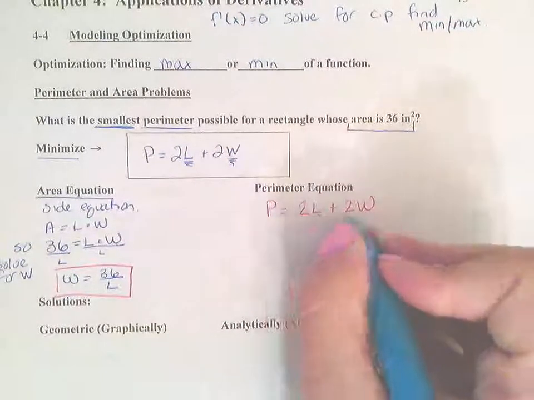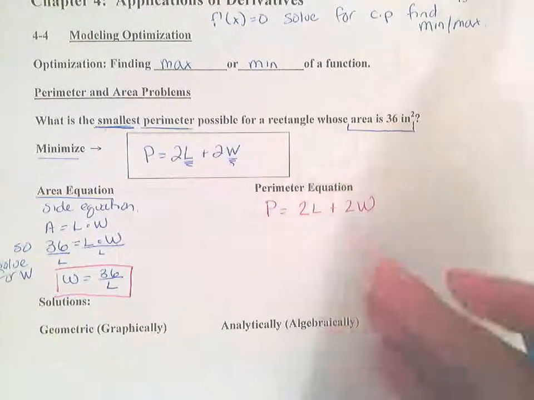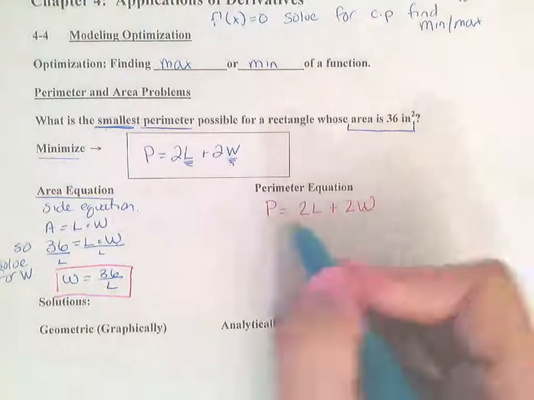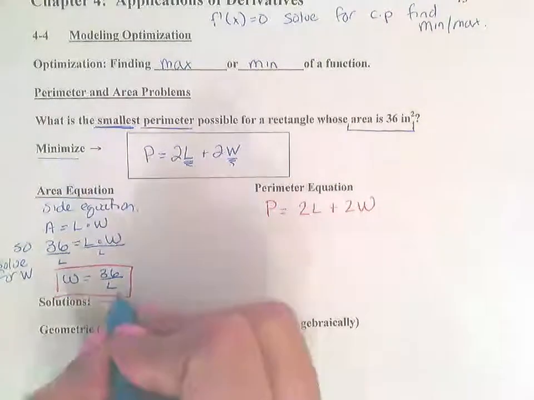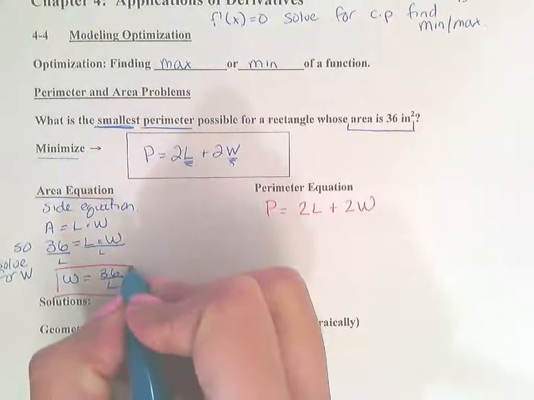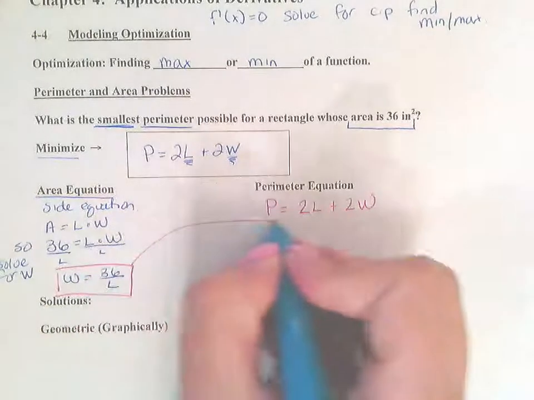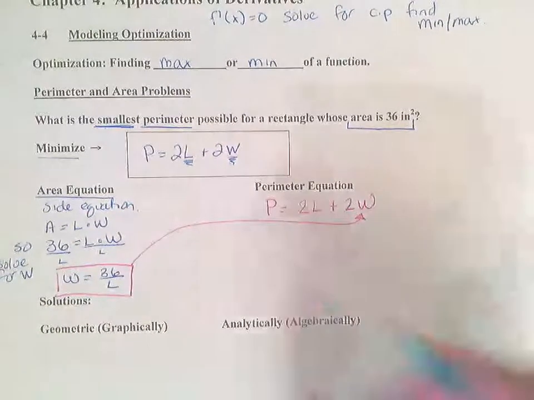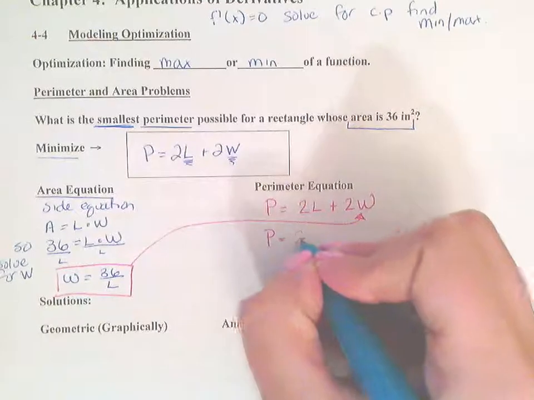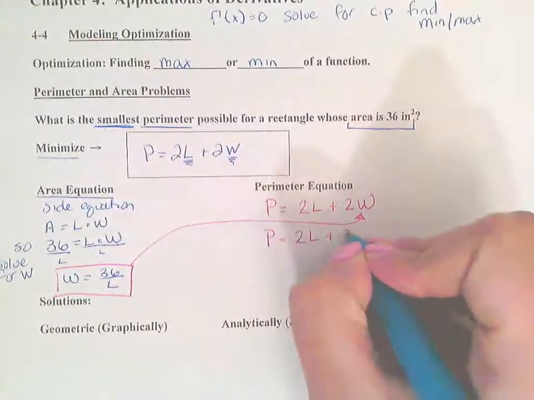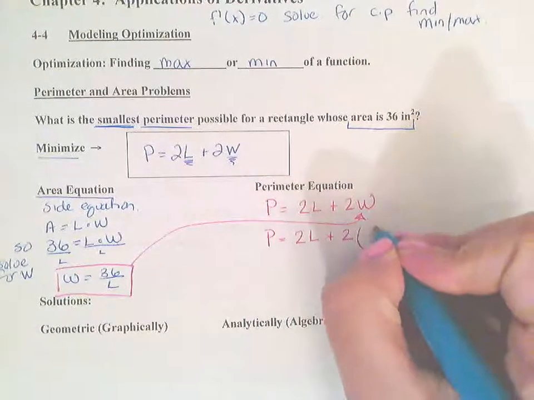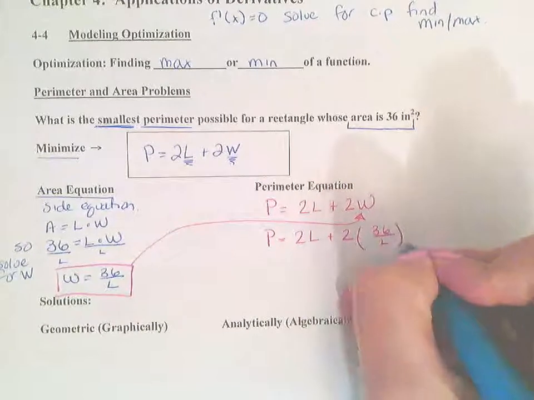But because we have two different variables, we can't really solve this right now. We have three different variables actually. So what this does is it allows me to take this W and plug it in over here. So now my perimeter equation is 2L plus 2, and what is W? It's 36 over L.